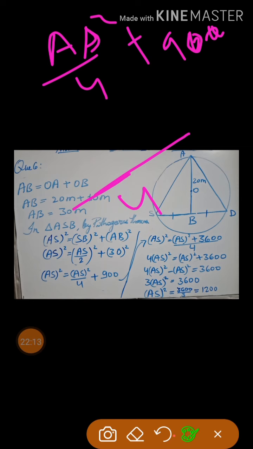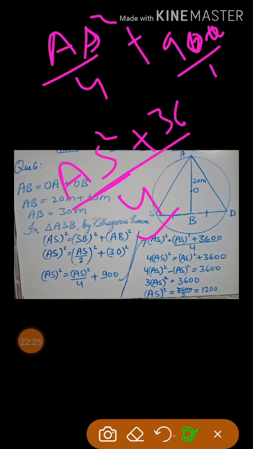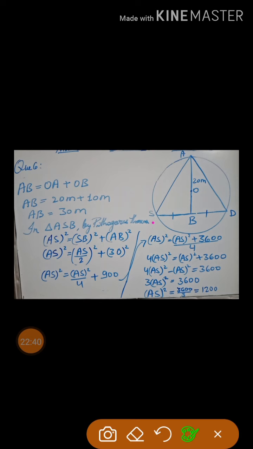So 1 into AS square will be AS square, as it is. Here the denominator is 1, so 1, how many times is this 4? 4 times. So 4 multiplied by 900 will be 3600. So the answer will be AS square plus 3600 upon 4.